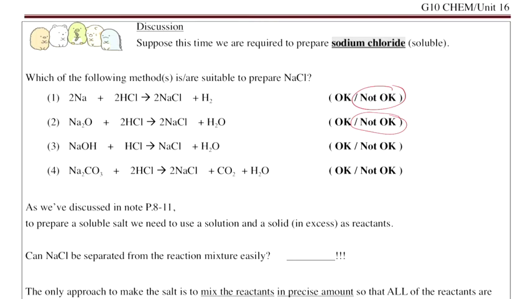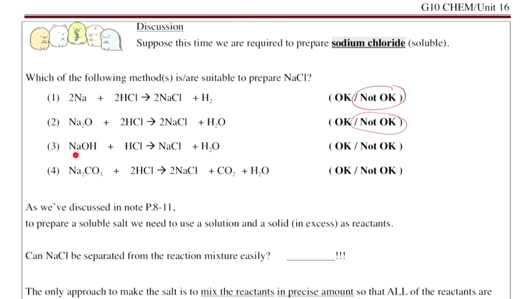Next one, the student suggested to use sodium hydroxide to react with hydrochloric acid, so it's a neutralization reaction which will produce sodium chloride with water. Again, the reaction is okay, but let's consider whether we can separate sodium chloride from the side products and unreacted reactants. The side product is water, again quite easy to remove, but we're going to face the same problem here.